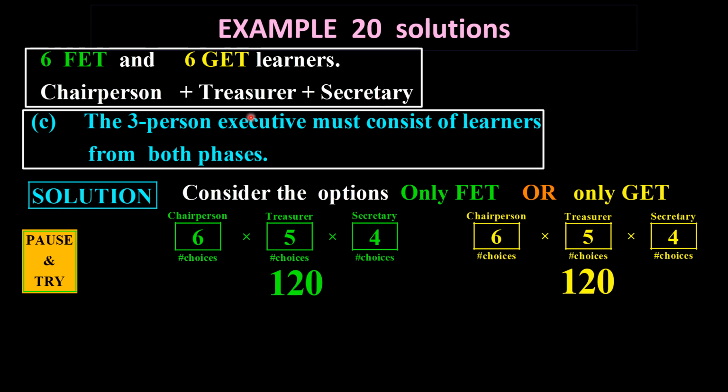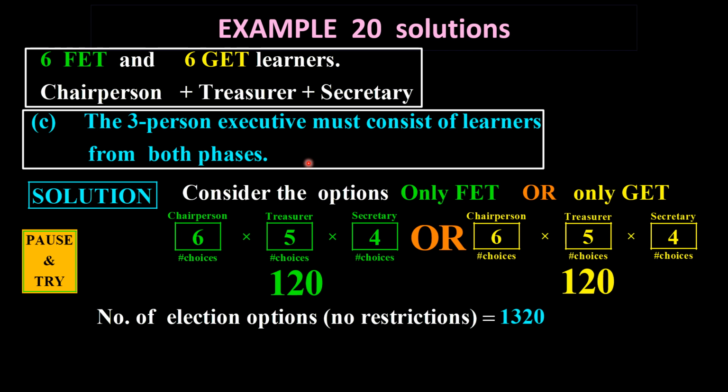But we want to actually determine where it does not consist of the one group exclusively. So let's look at the case where we had no restrictions. When we had no restrictions, we actually had a total of 1,320 ways that we could elect them.